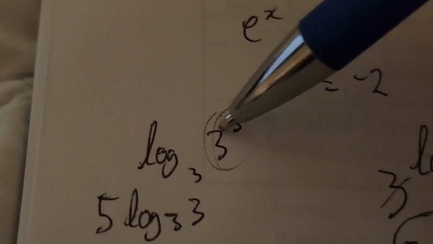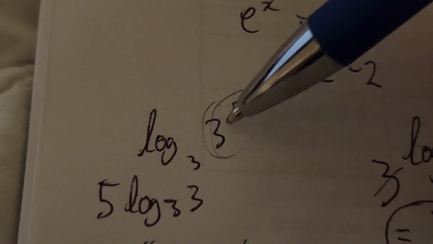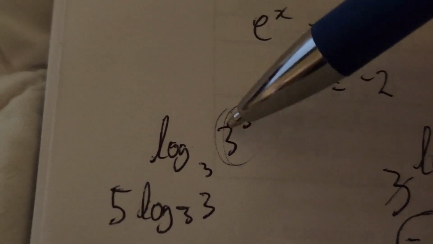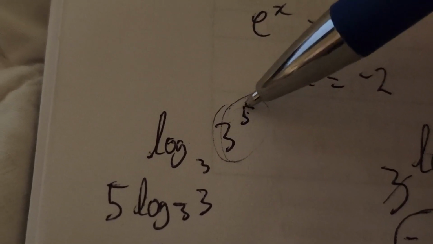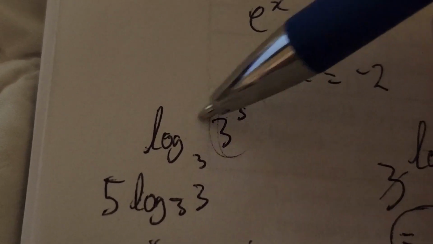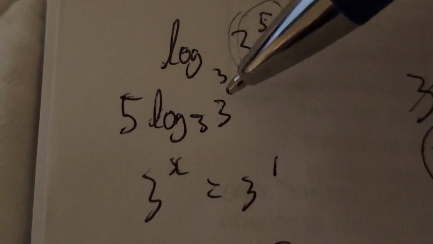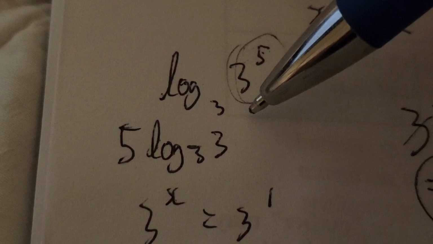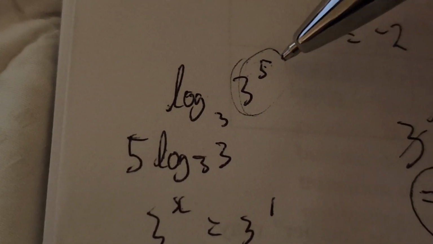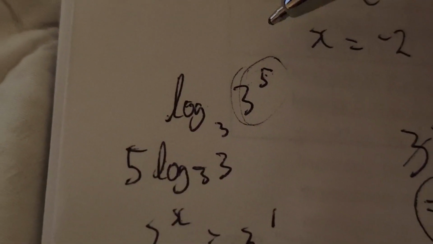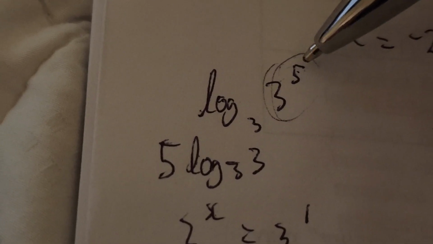The first log rule that you already know is if we have a log and then the x, which is 3 here, is raised to the power of something, here it's 3 to the power of 5, you can just bring down the exponent. So now it would be 5 times log base 3 of 3. Does that make sense? And you just have to memorize all of these rules, okay? There's not really any logicking it out.